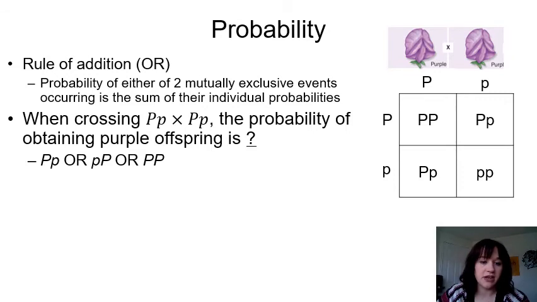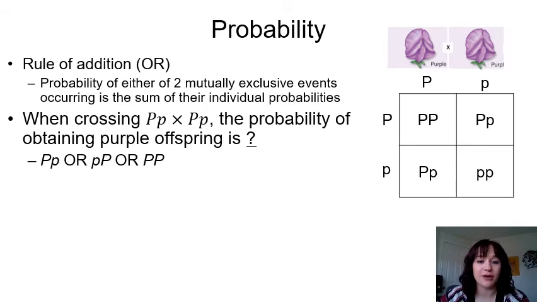And so we actually have these 3 potential outcomes, right? The dad could contribute the dominant allele, and the mom could contribute the recessive allele to make heterozygotes, or vice versa. You could have the dad provide the recessive allele and the mom provide the dominant allele.